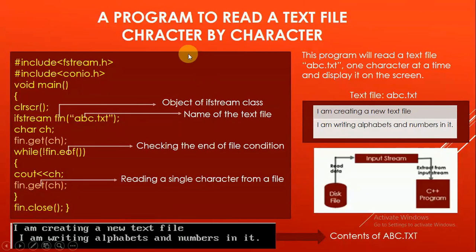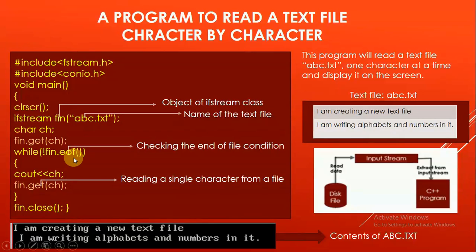Now as I am reading character by character, I am declaring a single character ch. Then I am giving the command fin.get(ch). This command will read one single character from a file. And then I am checking the end of file condition. We have already discussed three ways in which I can check the end of file condition. You can use any one.